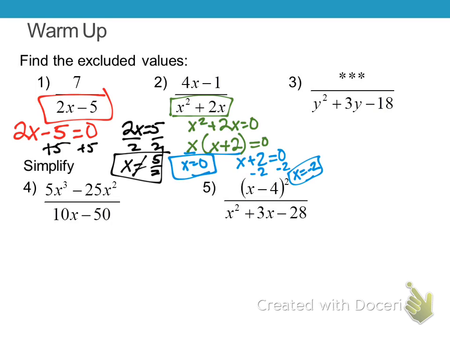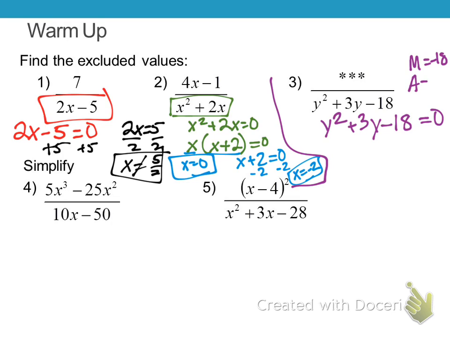All right, and the third one, what should I do? Set this equal to 0, good. And then we're going to do MA, so it's going to multiply to -18, add to 3. So y plus 6, y minus 3. Do I need to do the divide bottoms up step? Nope, this one's already good to go.